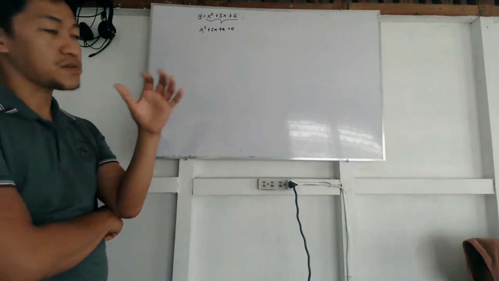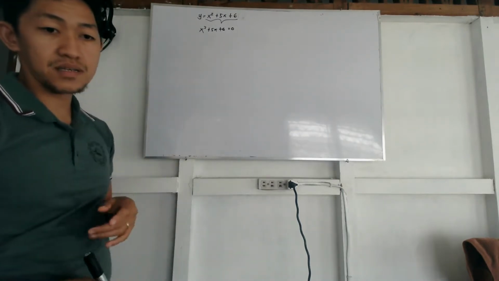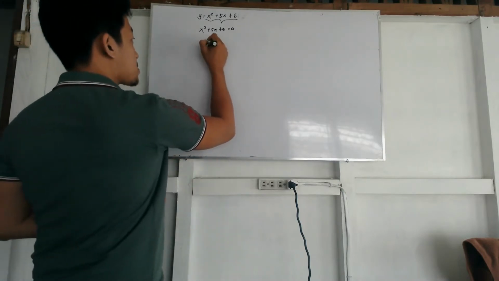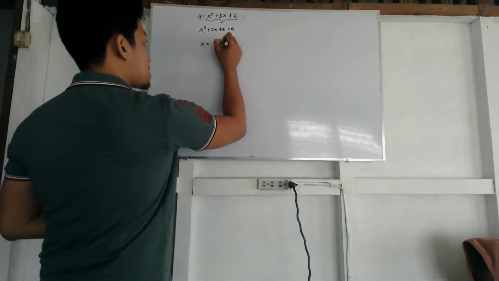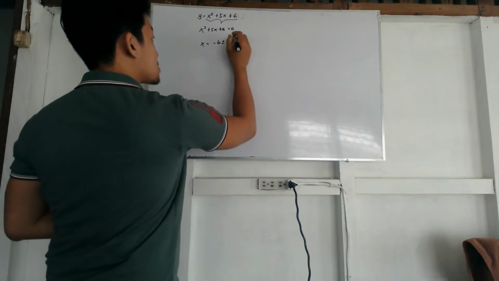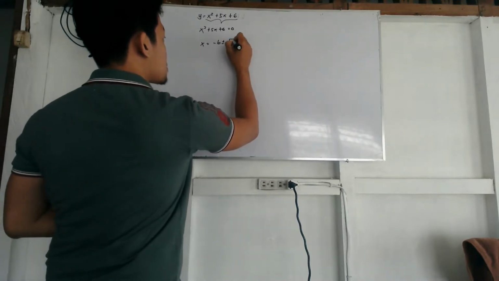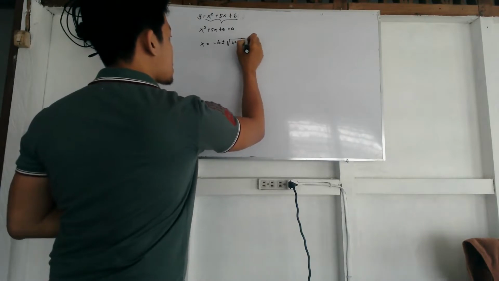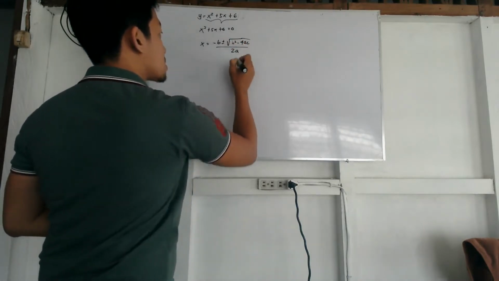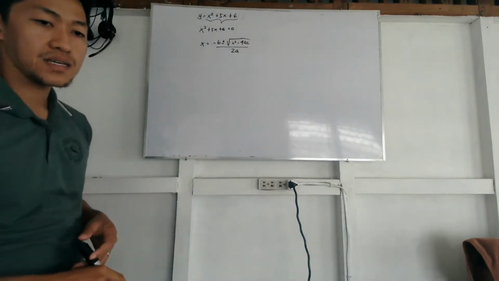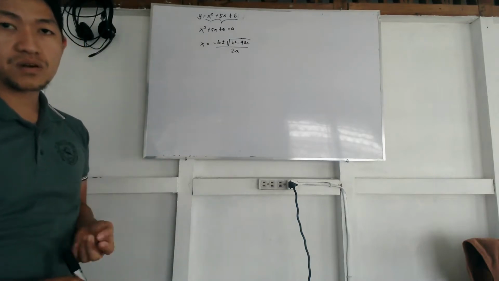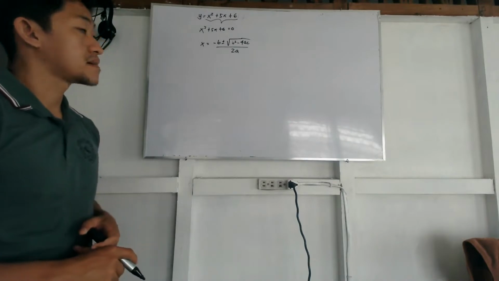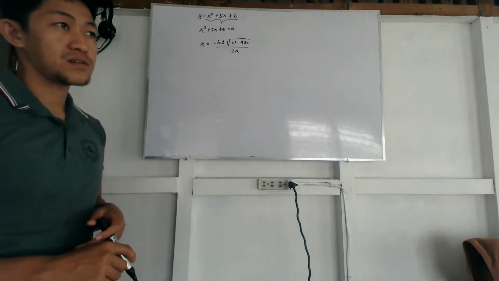Luckily for this example, this is a quadratic equation, and we have the quadratic formula, negative b plus minus square root of b squared minus 4ac over 2a. This is used only for quadratic equations.